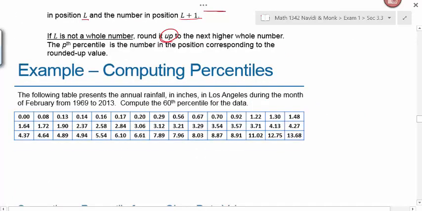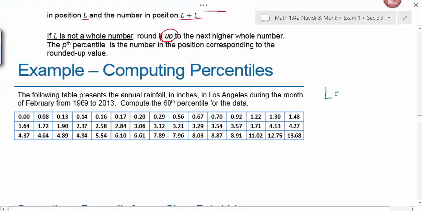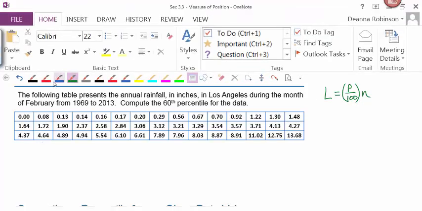Once again, we're going to be using the data that's already in our calculator. Thank God, right? We don't have to type it in again. We want to compute now the 60th percentile of the data set. Let me write down the formula for you. The locator is going to be the percentile divided by 100 times n. For this particular problem, we're asked to find the 60th percentile.